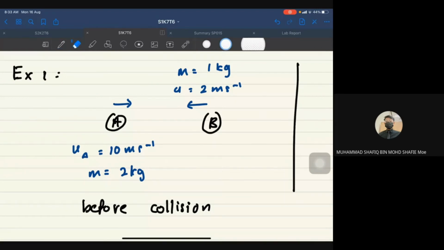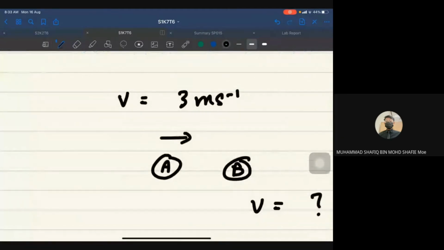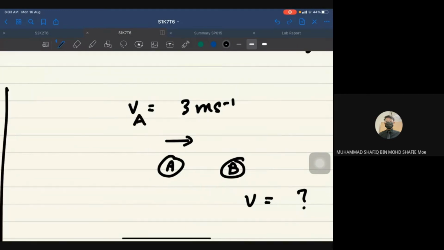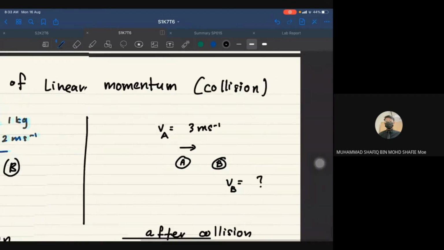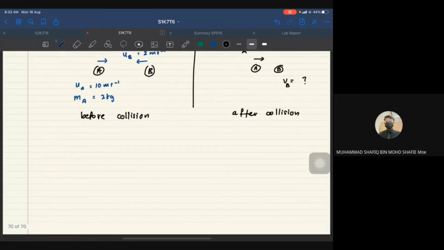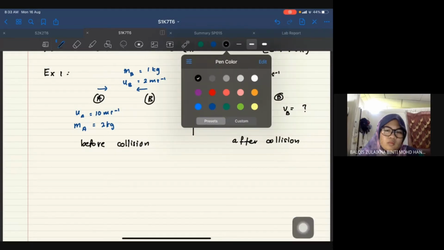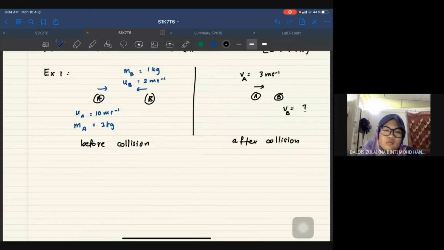The mass you have to write down lah, mass of A or mass of B. Okay, and then direction, make sure you put down the arrow. So I differentiate between initial and final velocity by using U and V. Okay, so far any question? Soalan tak? Tak ada sir. Okay, what is the conservation of linear momentum?